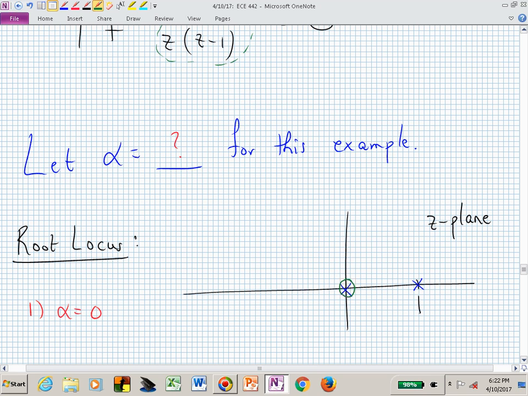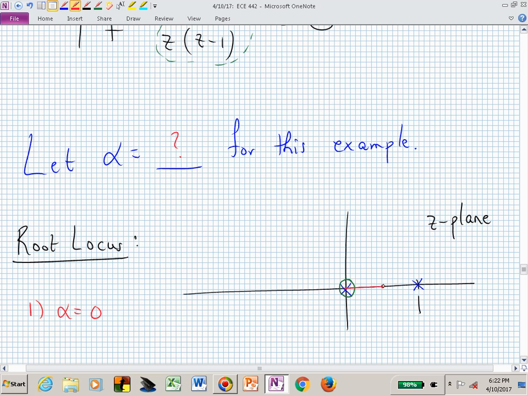What's my root locus look like now for this combination of poles and zeros? Can you immediately sketch your root locus? Is any part of your root locus to the right of z equal 1? If I was standing there and I look to the right, don't I see an odd number of poles and zeros?